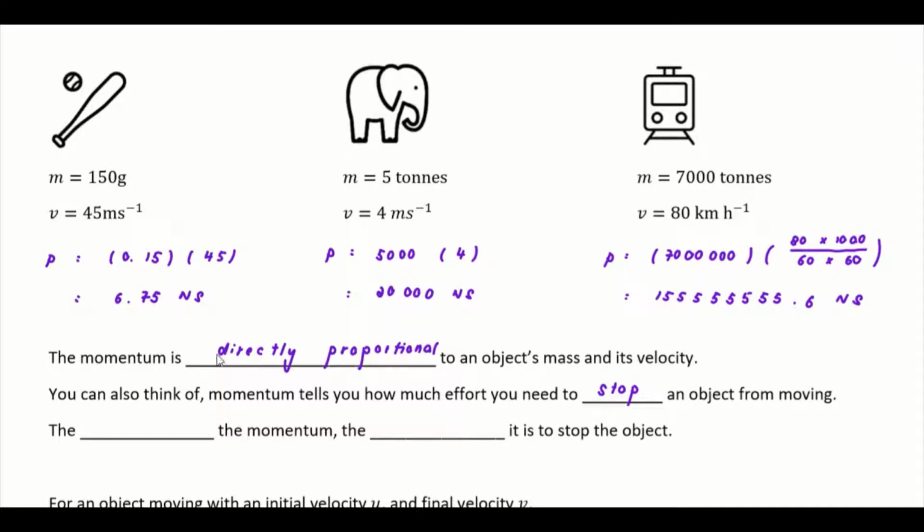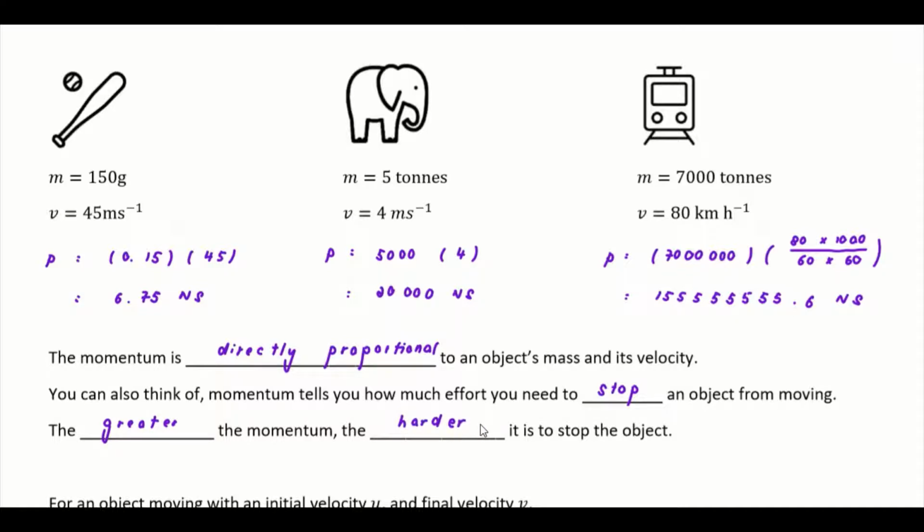So you can understand that momentum depends on two factors. The first one is the mass, the second one is velocity. The greater the momentum, the harder it is for you to stop the object.